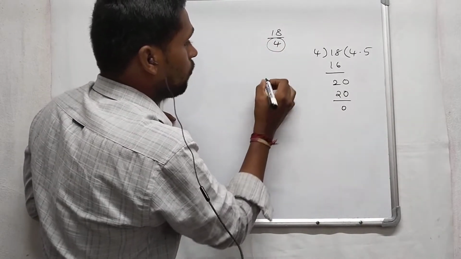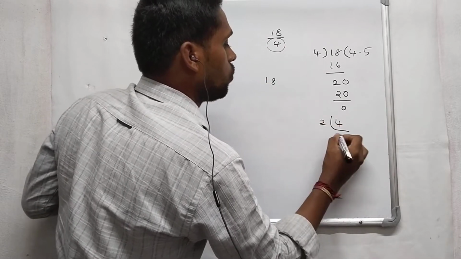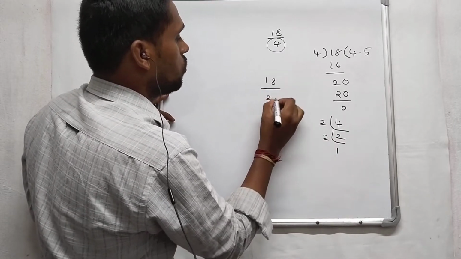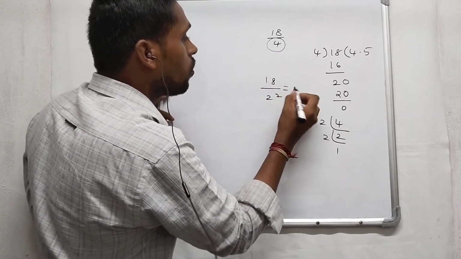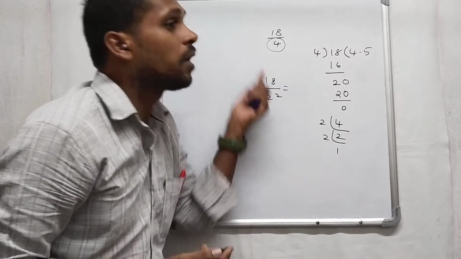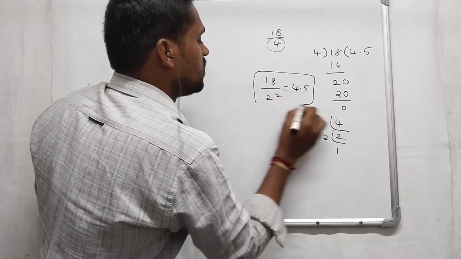So what is the denominator? 4. That 4 can be written, if you don't know, take the LCM with prime numbers. 2 2s are 4. So that 4 can be written as 2 square. So when the denominator is 2 or 2 power something, definitely it gives remainder 0.